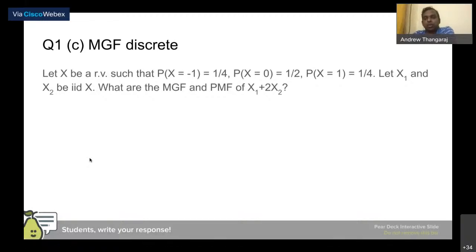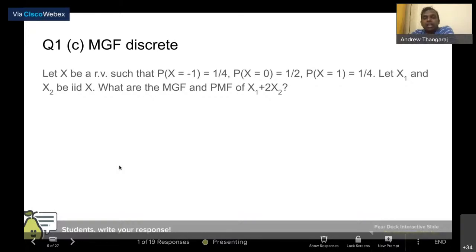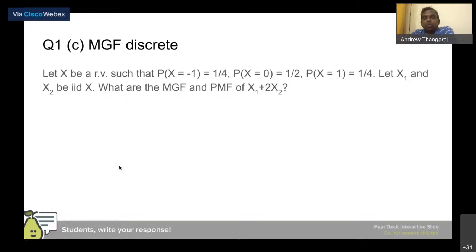X1 plus 2X2. Is this easy enough, or do you have to do something else totally different? The MGF and PMF of X1 plus 2X2.